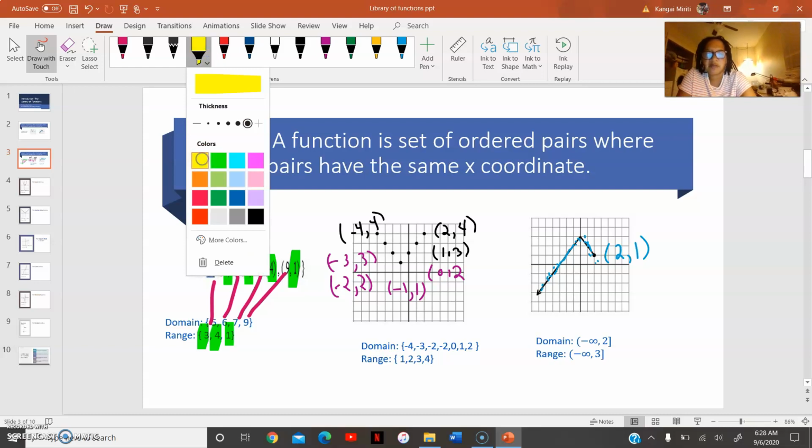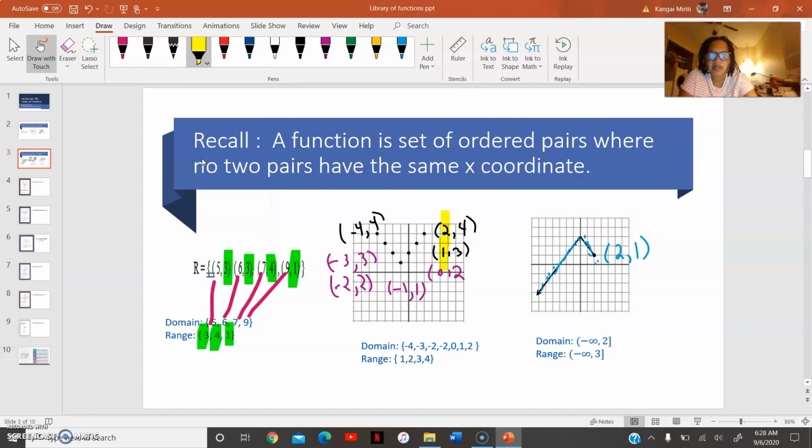Same thing over here with this function. The domain is all of the x values. So there's the domain. And the range values are all of the y values: 1, 2, 3, and 4. And we don't have to repeat a number twice.